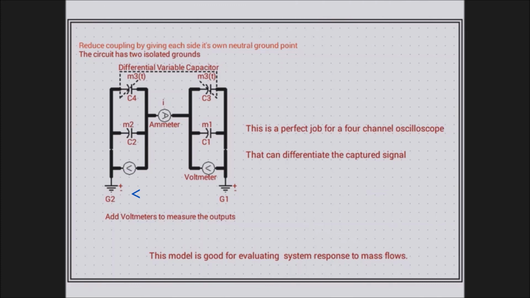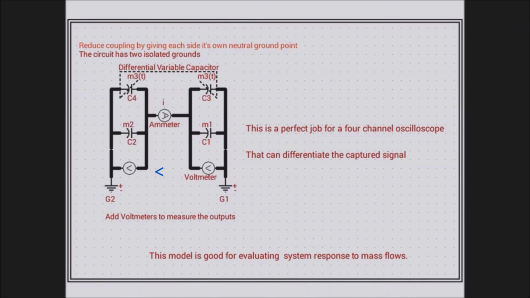And now, after we've done that, the next thing we do is to add voltmeters to measure the outputs. There's a voltmeter here and a voltmeter there on each block.